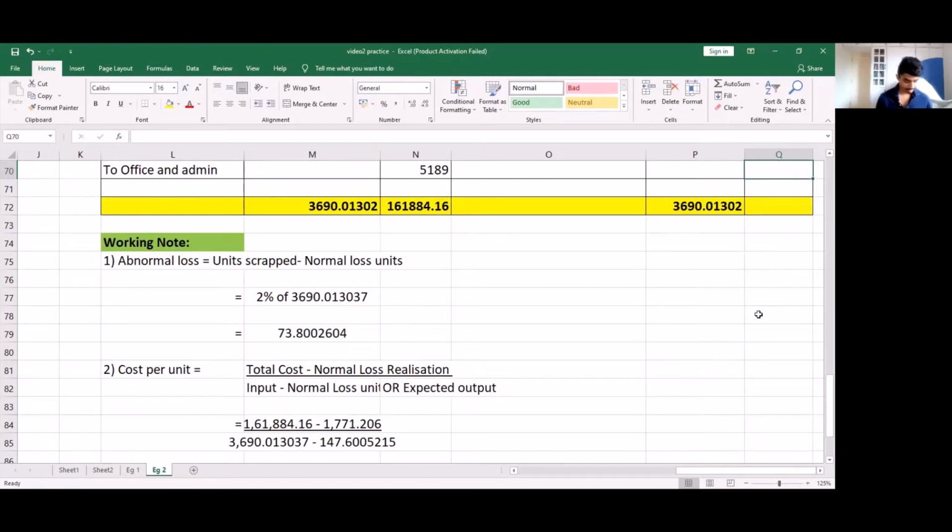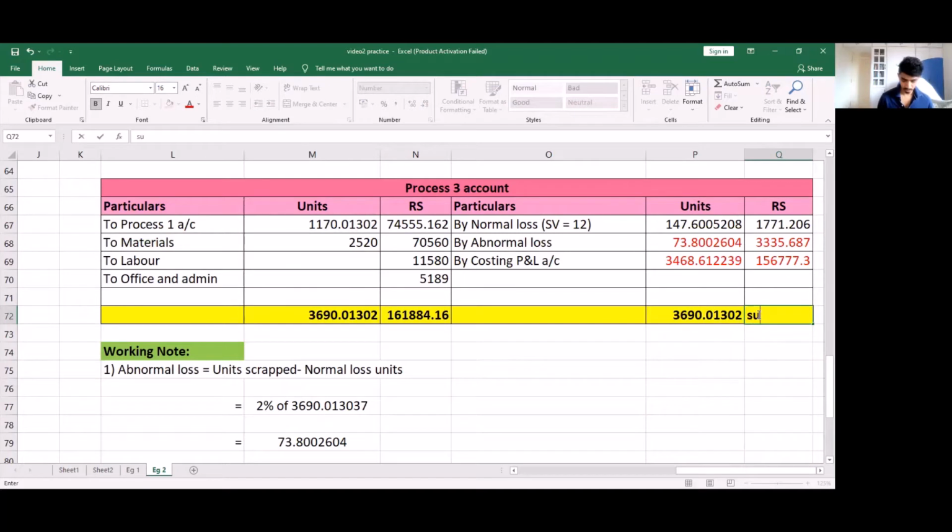Let's sum the credit side value to see if our account tallies. Yes, our accounts tally. So this is the end of process 3.